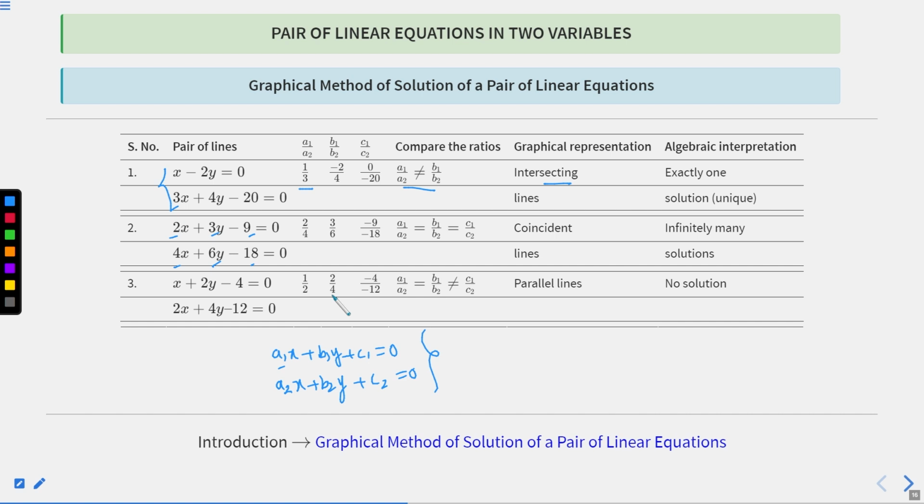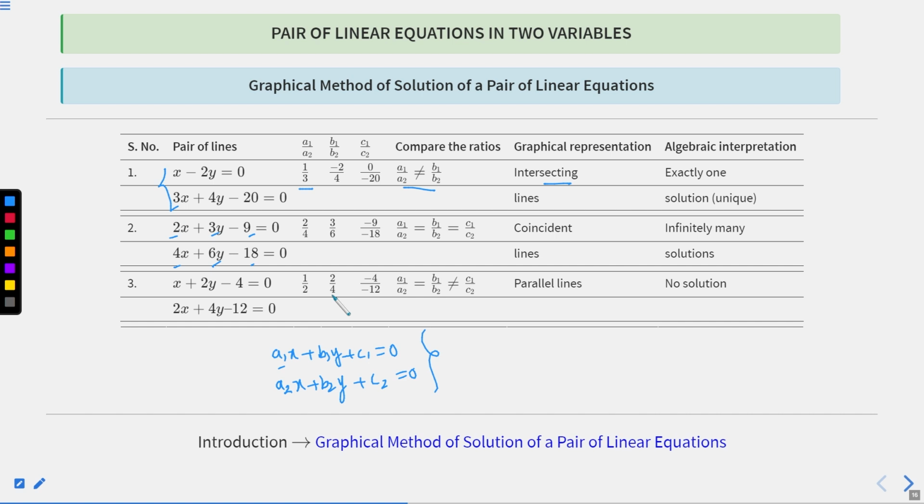Here you can see all the ratios are equal, that is A1 by A2 is equal to B1 by B2 and this is equal to C1 by C2. When this condition holds, the lines coincide with each other.